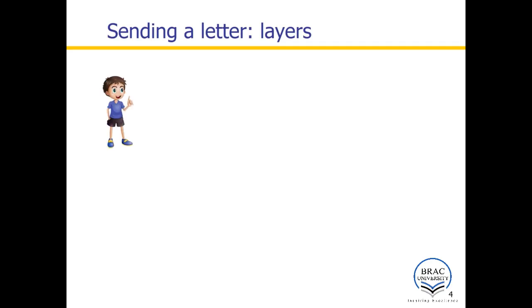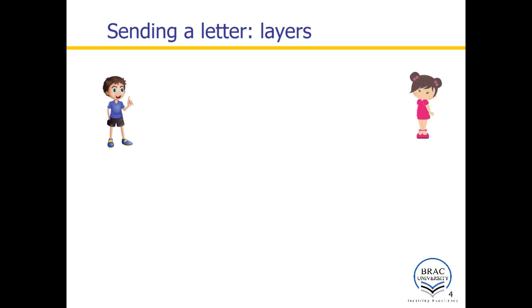Let's consider a boy is sending a letter to this girl. How is the process done from sending the letter until the receiver gets the letter? Here we have to consider three terms basically.